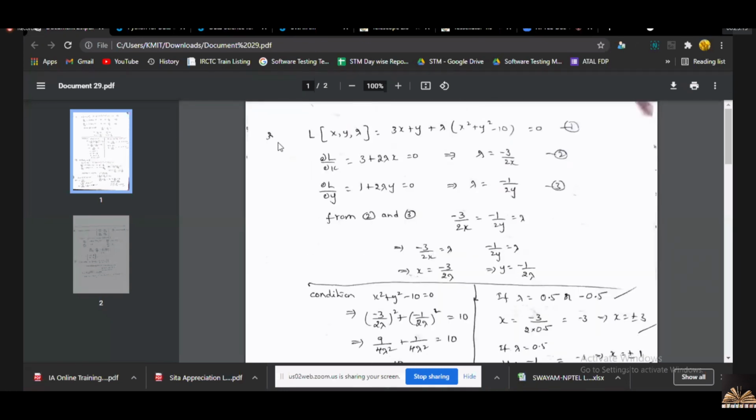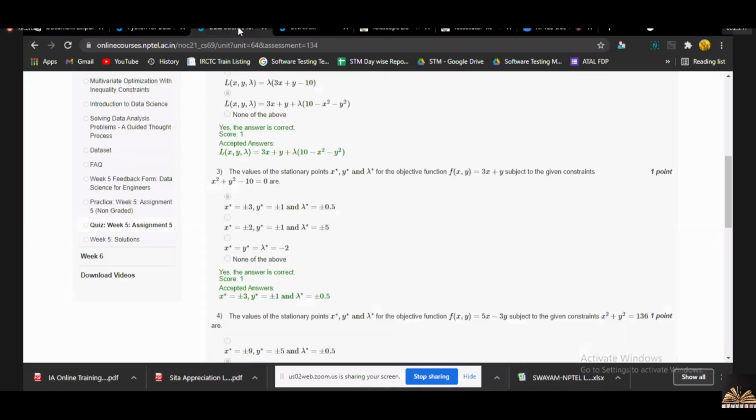For the third question, first you need to remember this. When lambda is given, you might get confused, because in the previous assignment we also solved a question to find the stationary points for the given objective function, but in that question lambda was not mentioned.